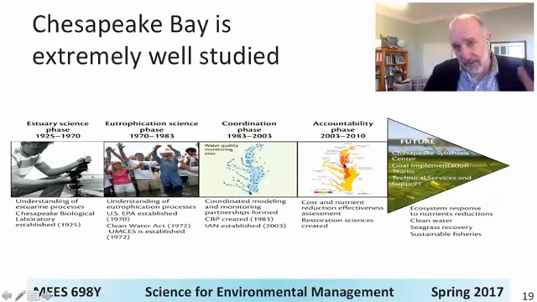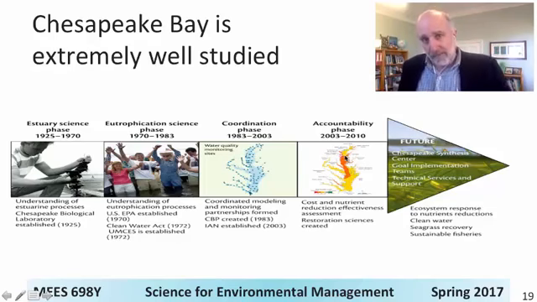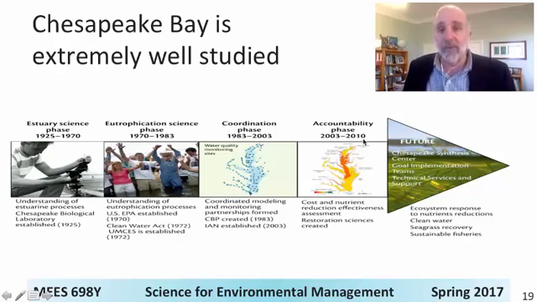And now I call this an accountability phase, where we started reconciling what our investments were and what was happening, and it basically ended in 2010 when we created the TMDL, the Total Maximum Daily Load, which is the regulatory nutrient diet that EPA has placed on the Bay. We'll talk about that more when we talk about science and law.